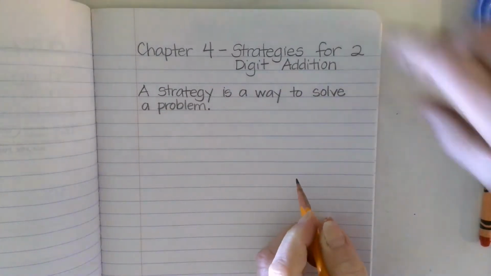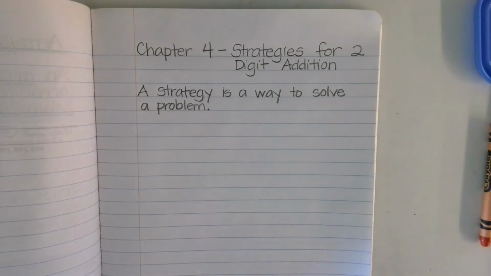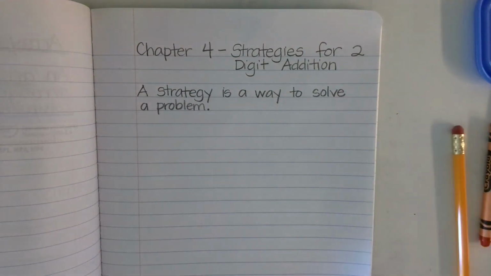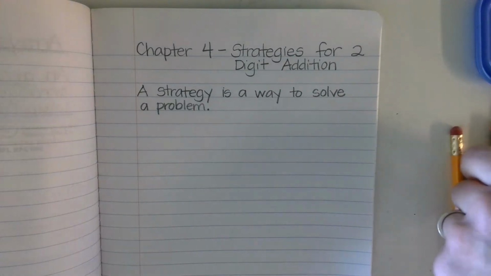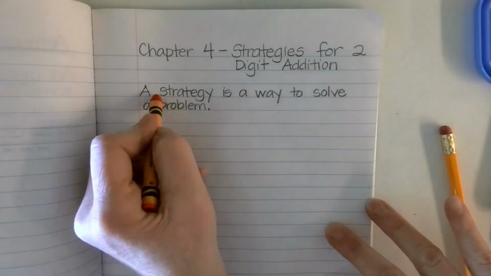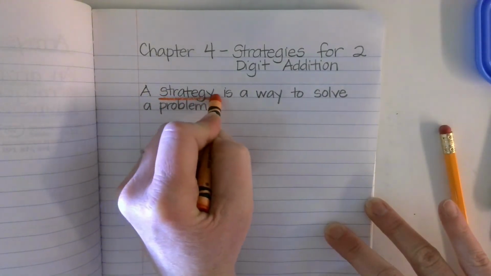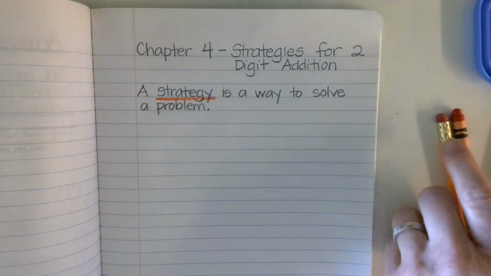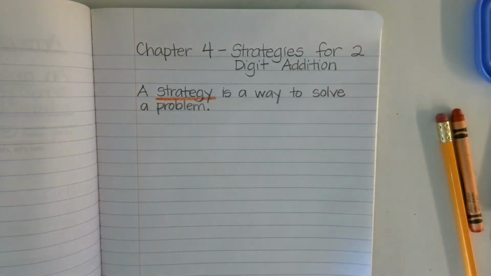Okay. So a strategy is a way to solve a problem. Make sure you have a capital letter and a period. And then I'm going to underline strategy in orange.